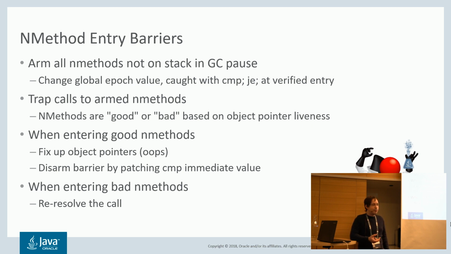And eventually we disarm the barrier by again patching some more machine code. We patch the immediate value in the compare instruction and assign it the global correct value. That way, when we start running again, everything will make sense.